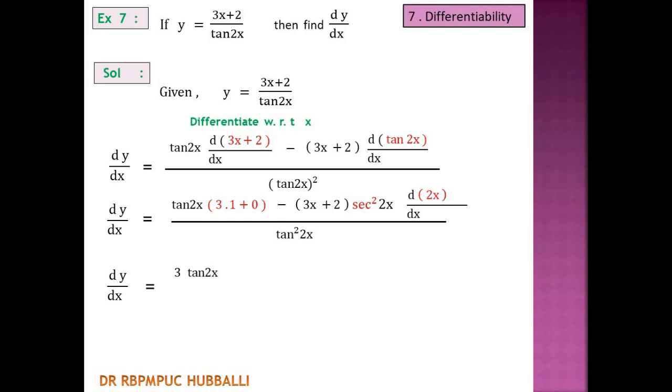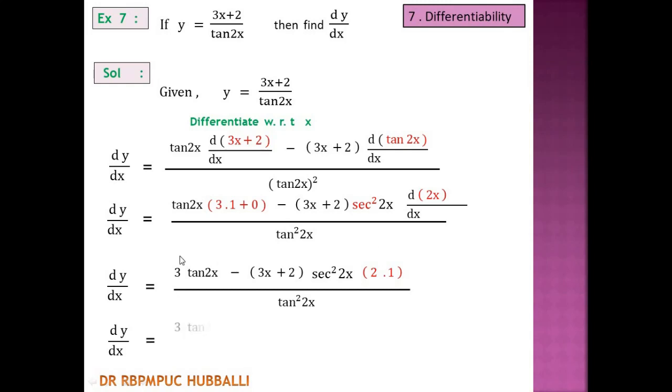One more step, 3 into, because 3 into 1 plus 0 means 3 into tan 2x minus 3x plus 2 as it is, secant square 2x as it is, and the 2x derivative is 2, because 2 into 1 is 2, so divided by tan square 2x. So one more step, 3 tan 2x as it is minus, so here it becomes 2 into 3x plus 2 secant square 2x divided by tan square 2x.